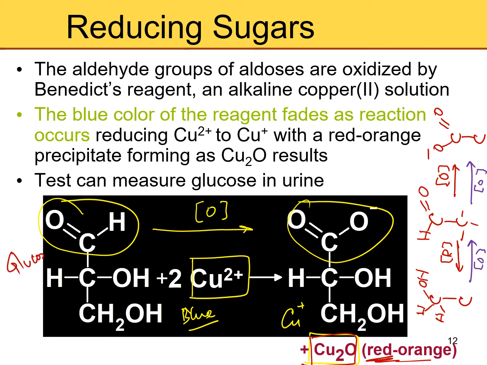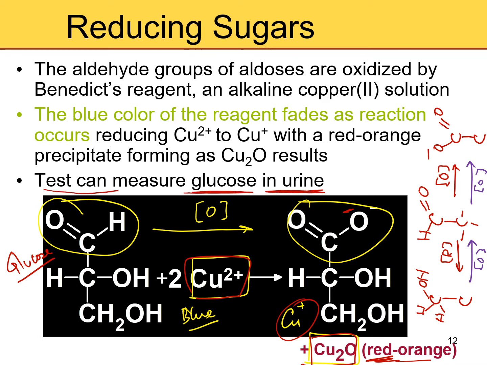Glucose in the blood, especially, or in the urine, for example. And so glucose can get oxidized to a gluconate form of the sugar, which is the oxidized carboxylic form. And if you put copper 2, then the copper 2 can reduce to copper 1. And this was actually used as a test to measure glucose in urine.